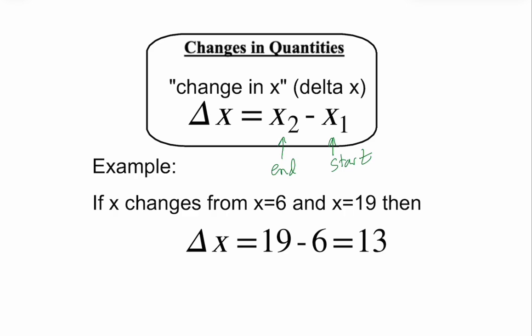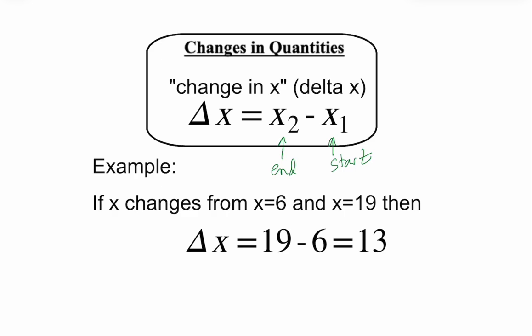That delta notation is just the Greek letter delta. We use Greek letters a lot to denote different things in mathematics. Delta x is x2 minus x1. Delta y would be y2 minus y1 and so on.